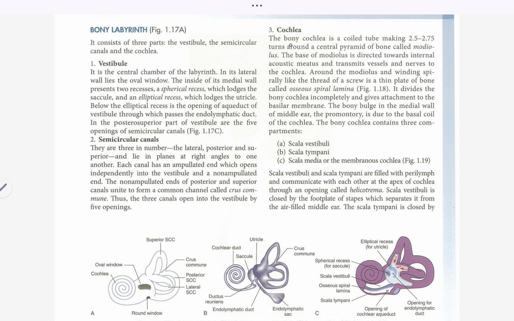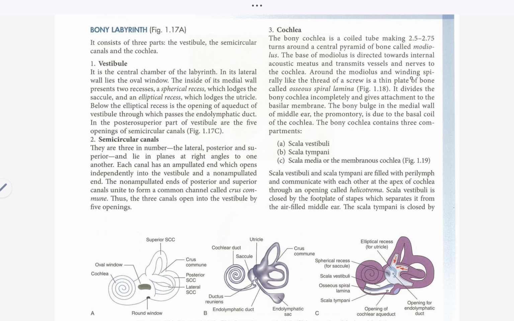3. The cochlea. The bony cochlea is a coiled tube making 2.5 to 2.75 turns around the central pyramid of bone, called the modiolus. The base of the modiolus is directed towards the internal acoustic meatus and transmits vessels and nerves to the cochlea.